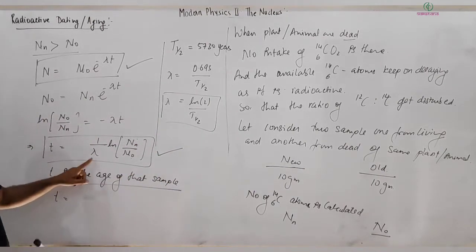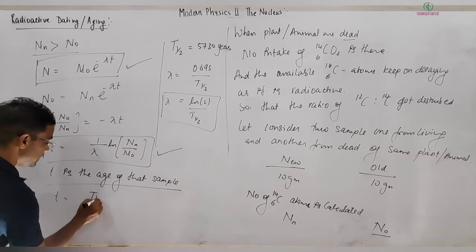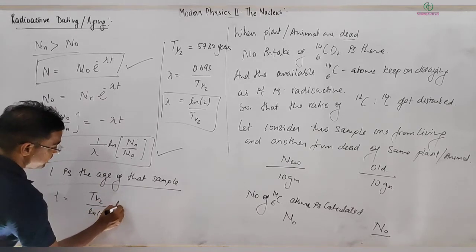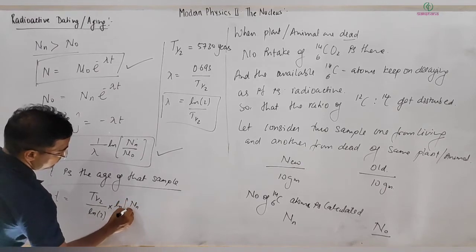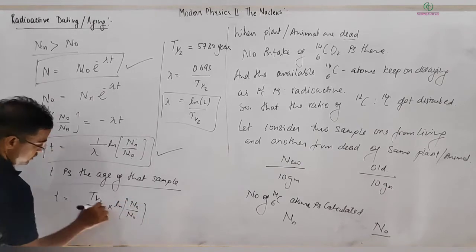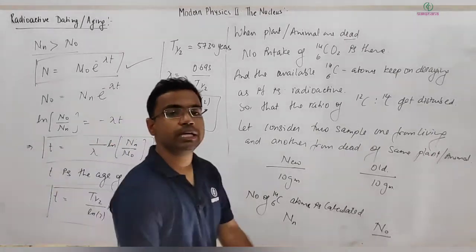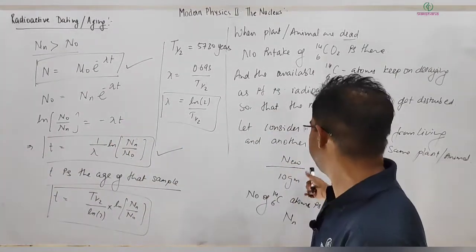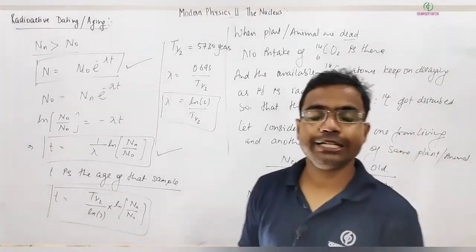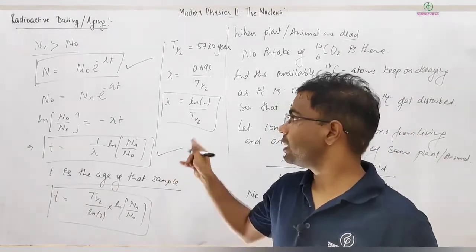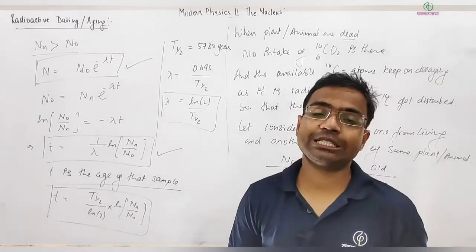T is equal to, if I substitute it, t half divided by ln 2 multiplied by ln N divided by N naught. By solving this, you can get the age of the sample you are interested in calculating. So this is the process, and we call it carbon dating.